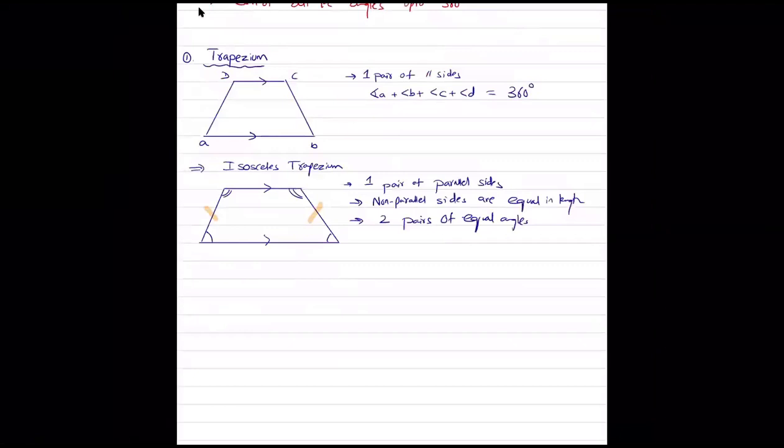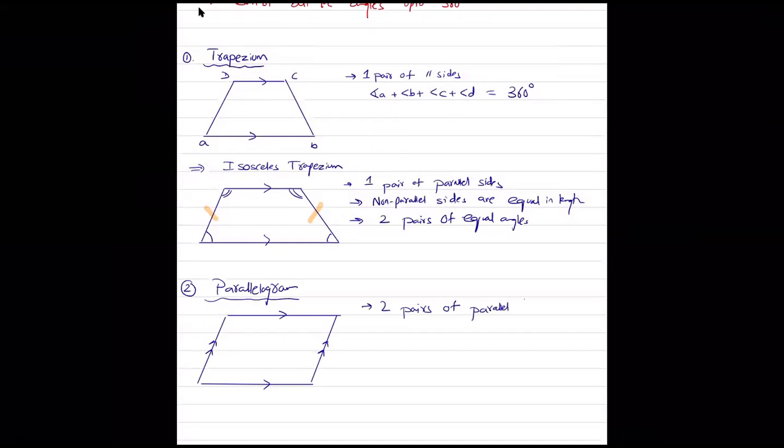Okay. The next shape we can discuss is a parallelogram. A parallelogram looks like this, in which the opposite sides are parallel. So you have two pairs of parallel and equal sides.